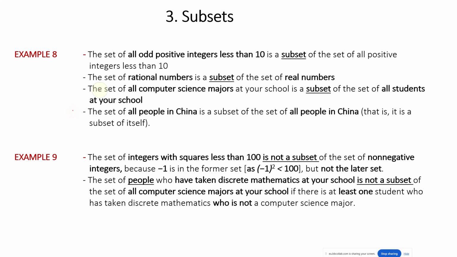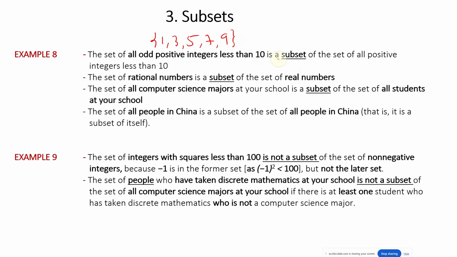Now these are some examples: the set of all odd positive numbers less than 10 is a subset of all positive integers less than 10. The positive odd integers less than 10 are 1, 3, 5, 7, and 9.